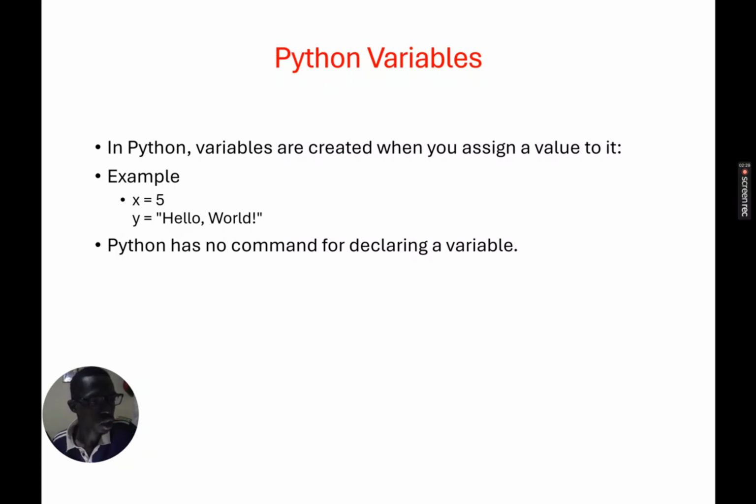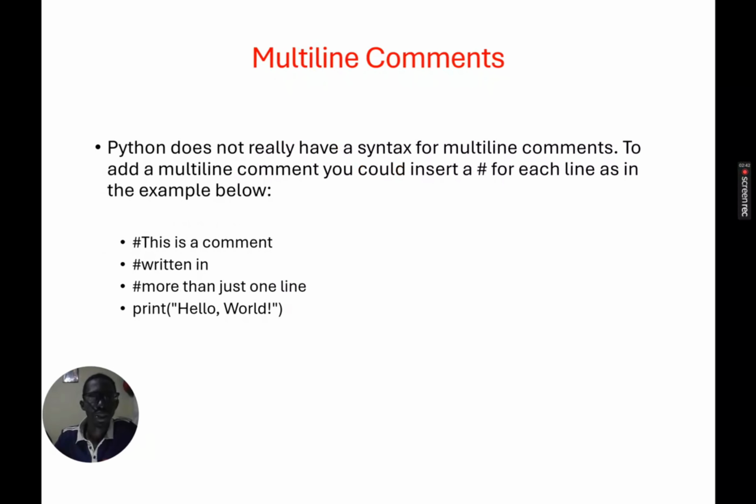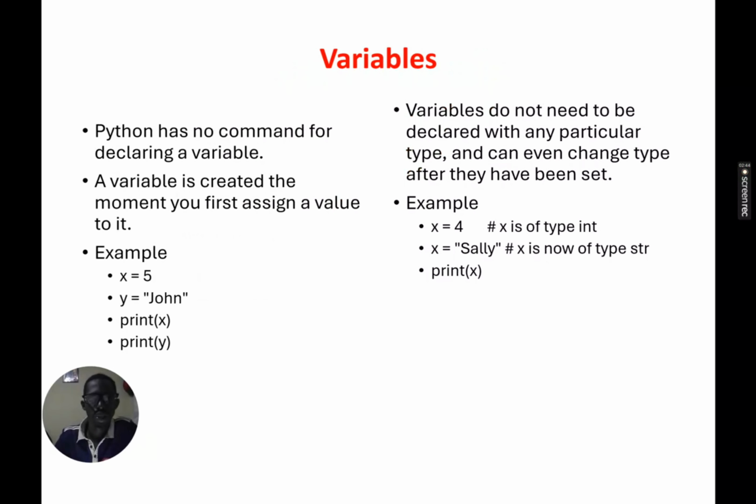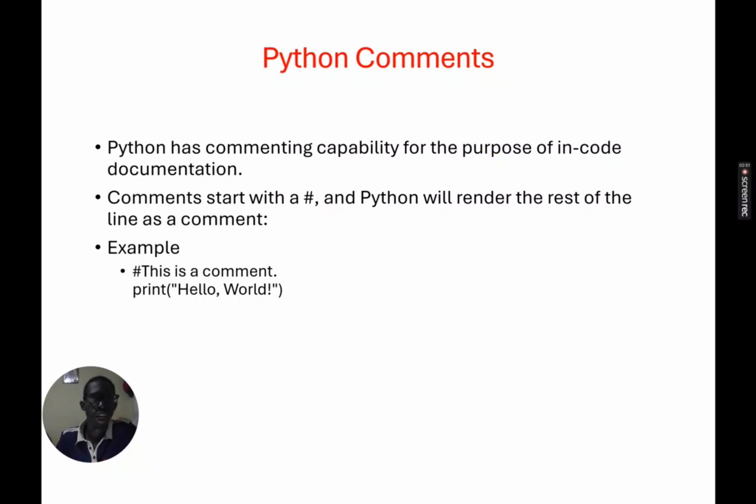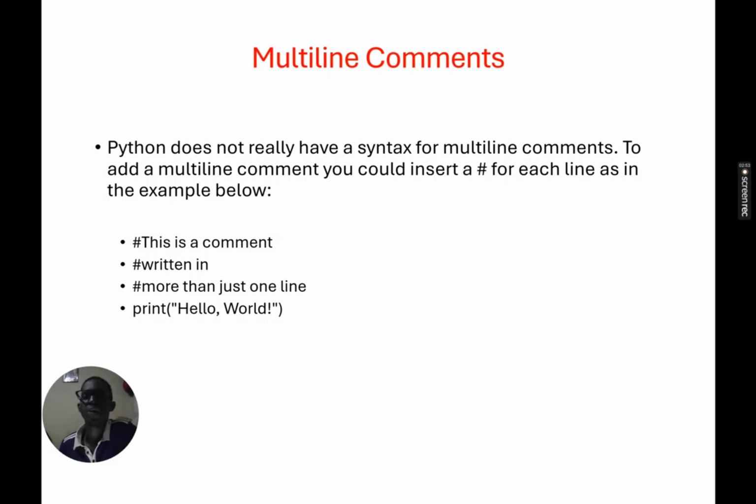So let me show you a simple program where we can talk about data types and variables. How we can deal with variables, comments, variables. Python does not really have syntax for multi-line comments.